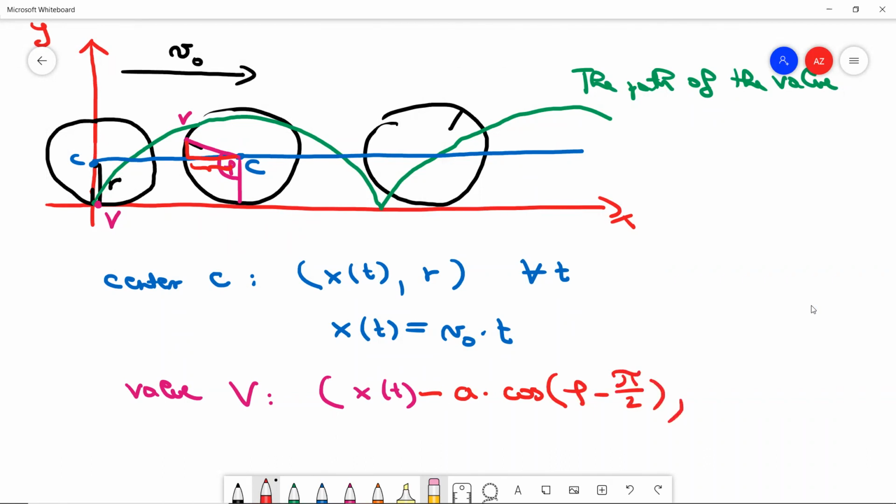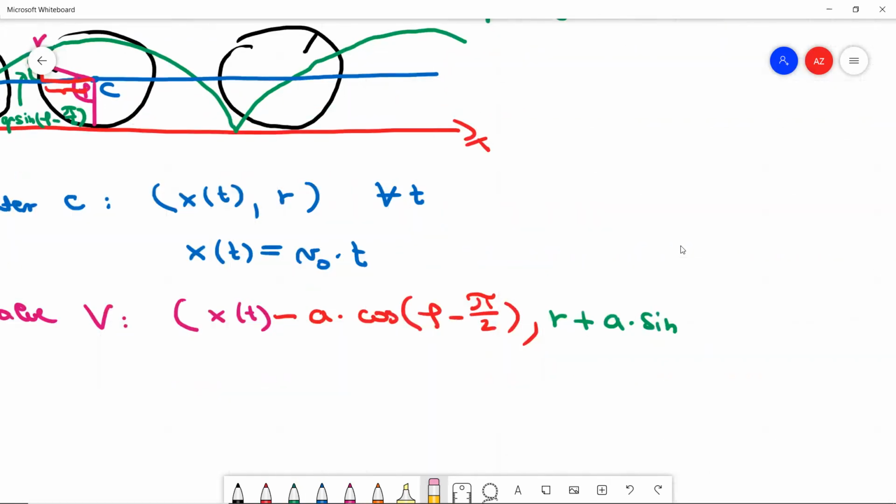And what's the y value of our valve? We have to add to r this part, and this is a times sine, so r plus a times sine, not a, but r plus r times sine of phi minus pi over 2.